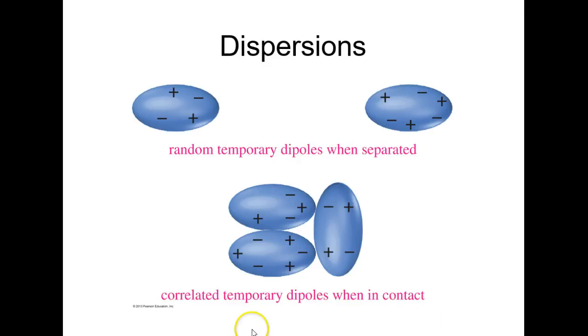So the electrons are swishing back and forth, and if you form more of a negative side on this molecule, that creates more of a positive end on this one, because this minus repels the electrons, so you have a slight attraction between that negative end and the positive end. Here's an example, and then eventually the electrons will shift, and this becomes more negative, so that will break that interaction, and you no longer have an interaction anymore.